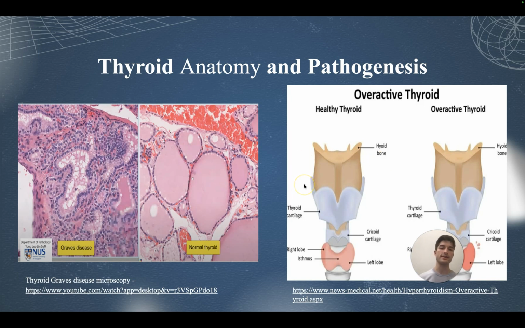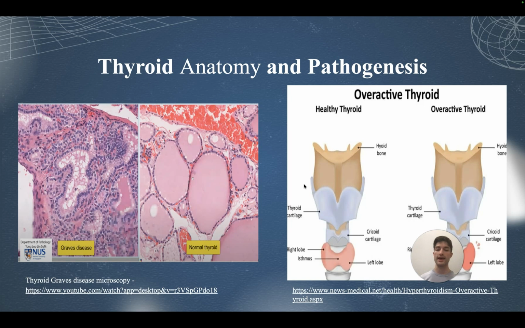So the overall pathogenesis of the disease works in this fashion. You have autoreactive B cells that produce, via many different factors that we'll get into, these thyroid stimulating immunoglobulins, which are autoreactive. Normally in a functioning thyroid, the pituitary gland releases TSH, which binds to the thyroid stimulating hormone receptor on the surface of thyroid follicular cells, the primary cell of the thyroid.